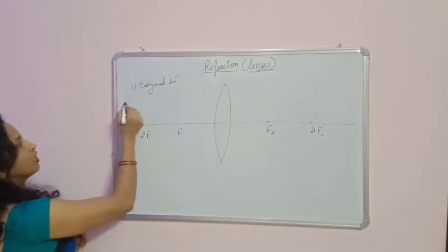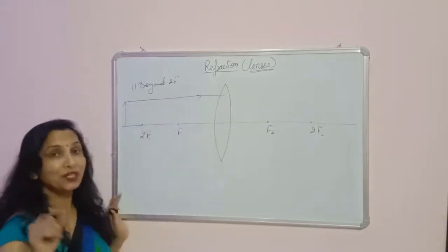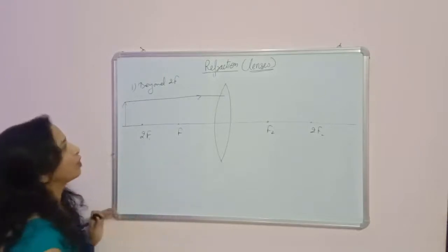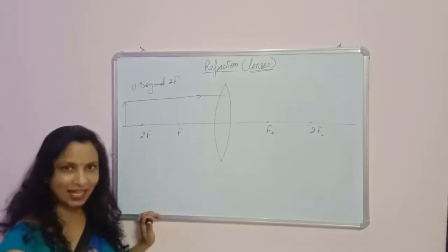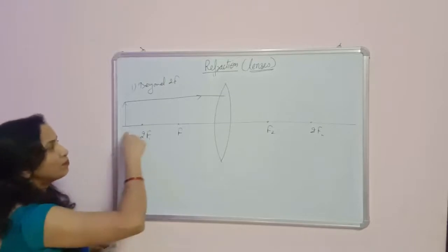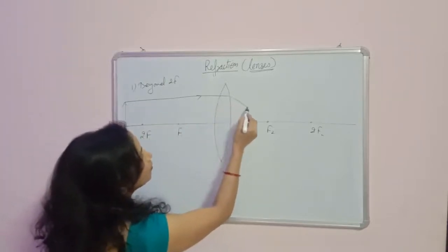So first, the ray which is coming parallel to the principal axis. You will use a scale. I don't have a large scale to use here, so I am making it roughly, but you have to make it by using a scale, compass and pencil. The ray which is coming parallel to the principal axis will pass through the principal focus like this.